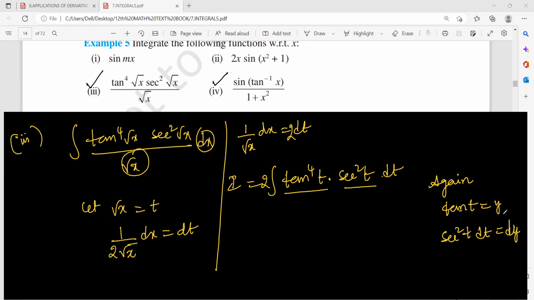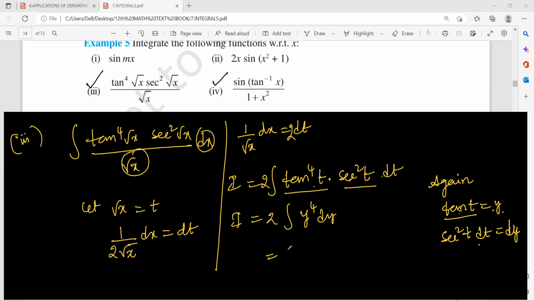With respect to y, I differentiated: secant square t into dt equals dy. What will happen? I equals twice y power 4, because tan t is y. Y power 4 into secant square t dt is dy.